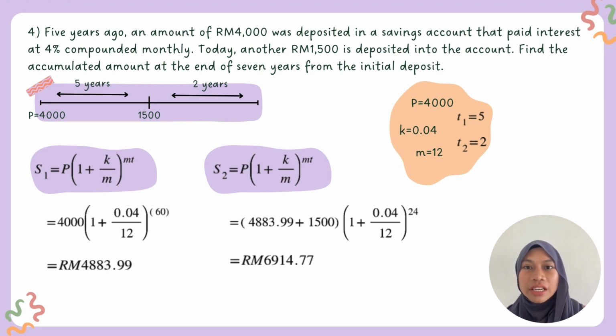Analyze the information and transfer it into the formula. We will get the first S equal to 4,883.99. After that, we find the second S by using the same formula, and after we apply all the information into the formula, we finally get the final answer, 6,940.77.